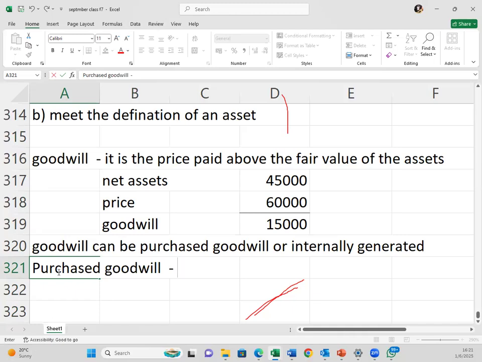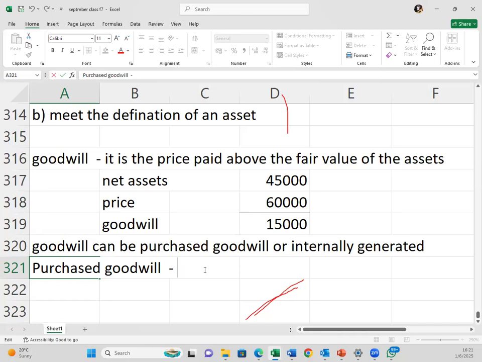However, this intangible asset has to be tested for impairment annually, because we can buy a business with a good name, but that can suddenly change after you have bought the business.